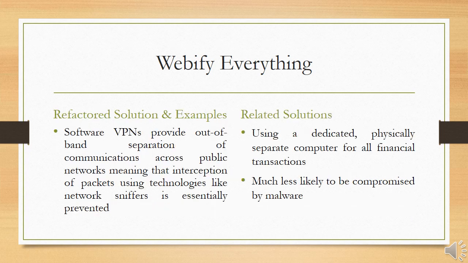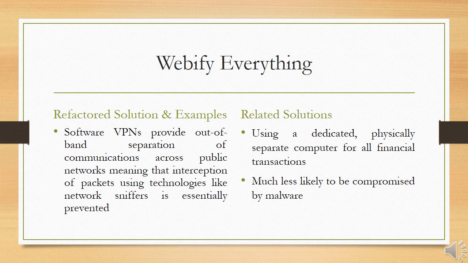In the next field, we have a refactored solution and examples. Software virtual private networks (VPNs) provide out-of-band separation of communications across public networks. This means that interception of packets using technologies like network sniffers is essentially prevented.